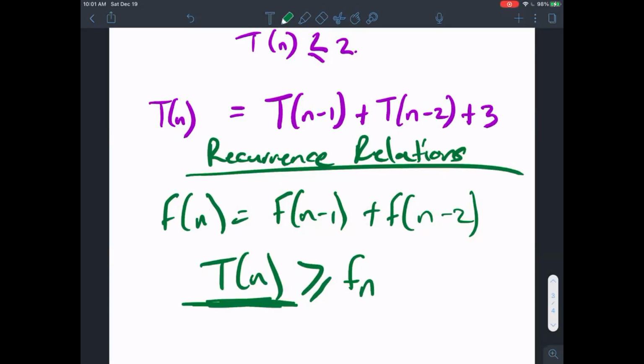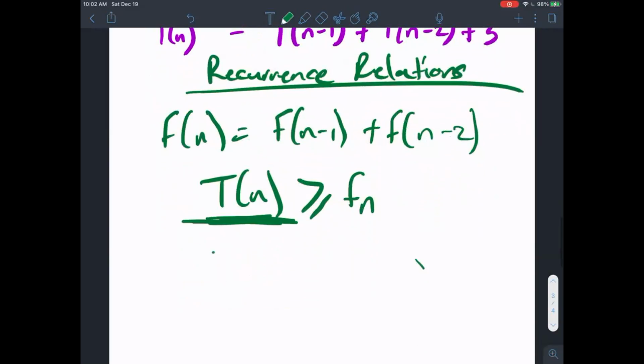Looking at this runtime, we already know that this is bad news, because this algorithm grows as fast as the Fibonacci numbers. And we know the Fibonacci numbers just keep on increasing. So we can just say that T of n is exponential in n.